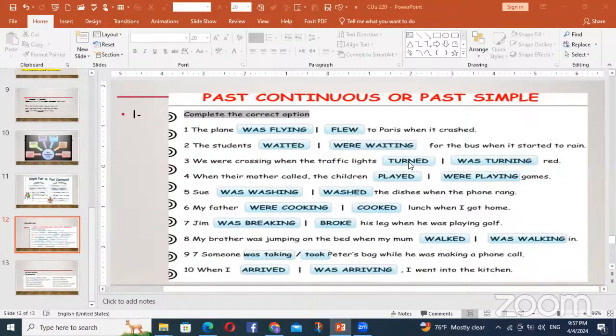Number five. Sue was washing or washed the dishes. Was washing. Ahmed, was washing. Dina, was washing. Was washing. Okay, nice. So it is was washing.